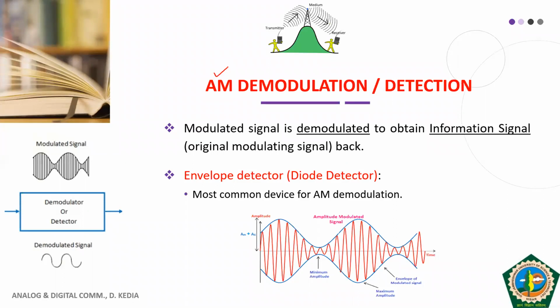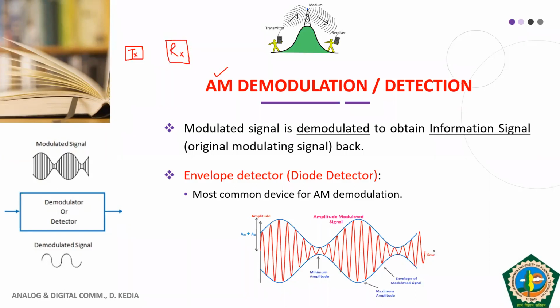See what our aim is. In communication we have two entities, one is the transmitter and another is the receiver.